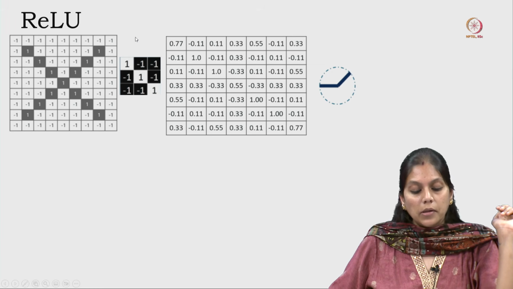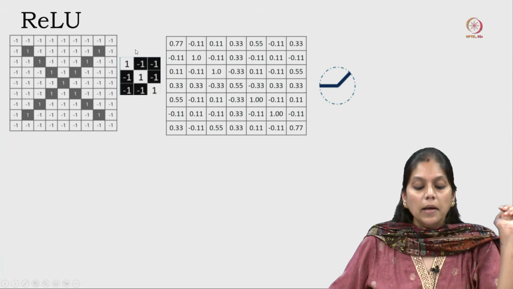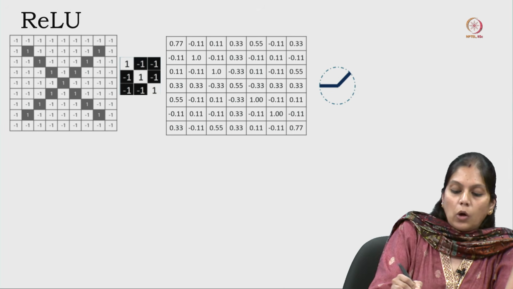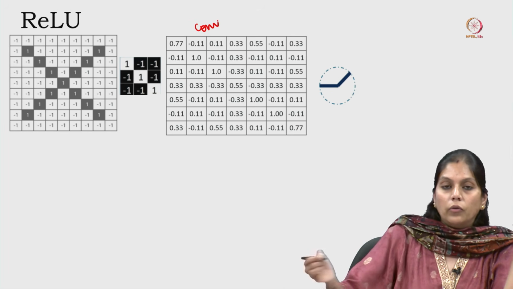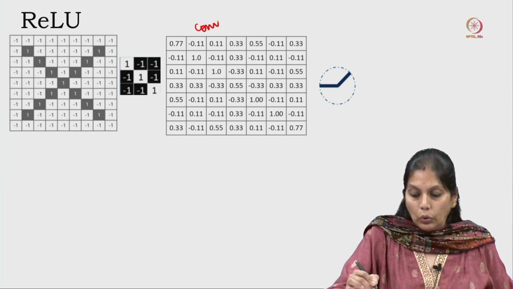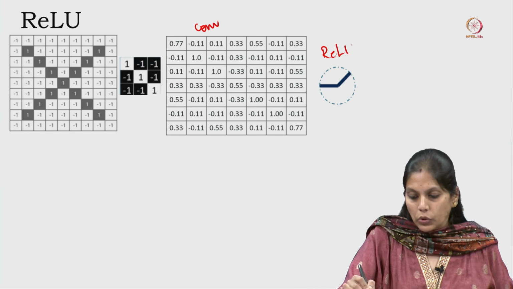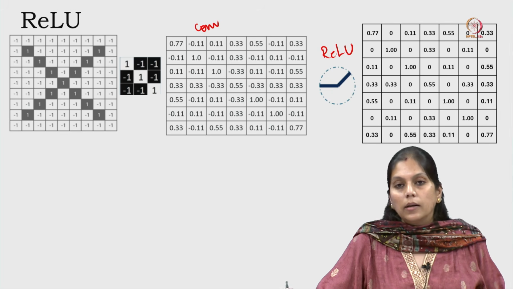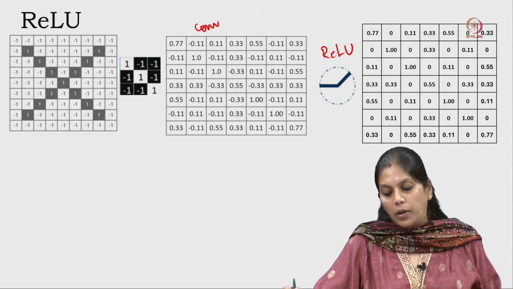On this input, this is the kernel that you have applied, and this is the feature map that you have extracted. How did we do it? This is the output of a conv layer. Now, this is being passed to a ReLU, and this is the output that we have obtained.